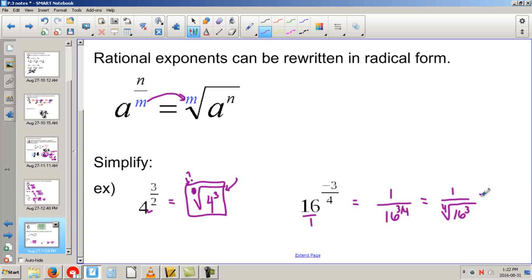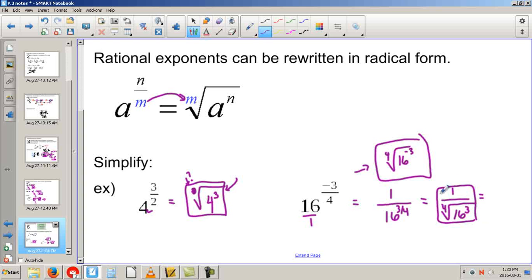Now, coincidentally, 16 does have a 4th root. And if I were to try to simplify this further, I'm going to go ahead and stop here. Or I would have even accepted, if you'd gone this way, the 4th root of 16 to the negative 3rd. I would have allowed this as well. There's a lot of different rules going on in college algebra, and we're trying to keep track of each of them.